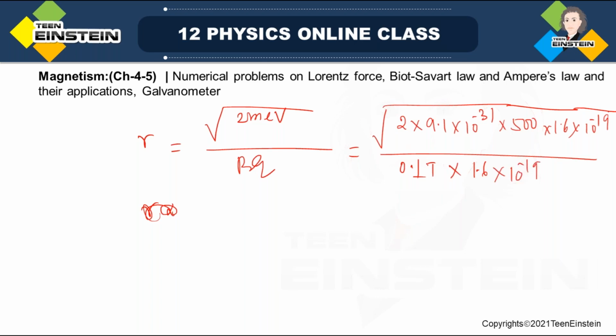Now if you solve this calculation, what is the answer you should get? You should get R equal to 7.5 into 10 to the power minus 4 meter.